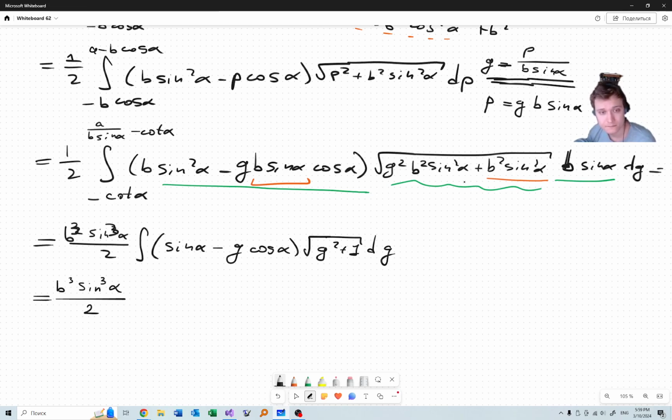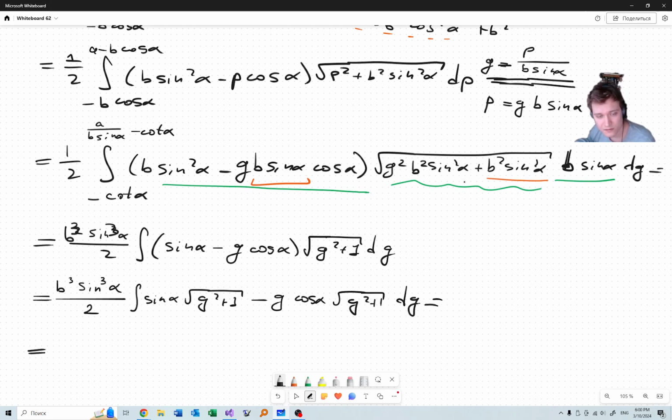Let's go on. So I have sine alpha square root of g squared plus 1 minus g cosine alpha square root of g squared plus 1. This is the difference of two things, which we will be dealing with separately. First of all, this one.